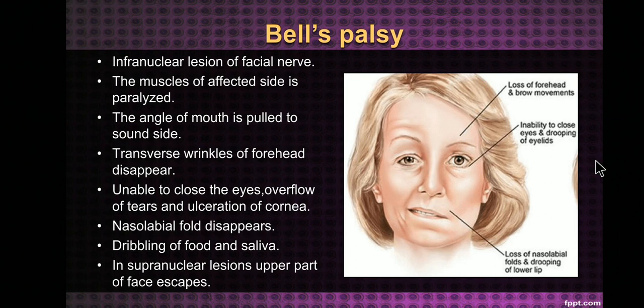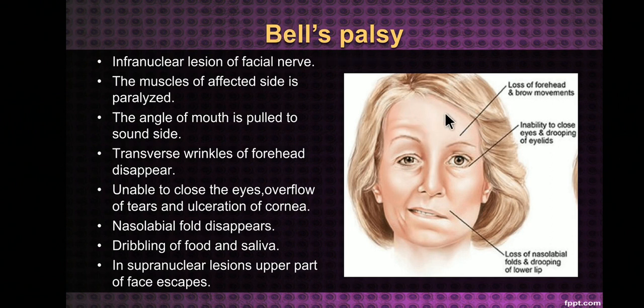So when these fibers are cut, most commonly by any injury to the parotid region, it might be crushing injuries, the facial nerve might get damaged, or in the skull also within the facial canal it might get damaged. So all these can lead to Bell's palsy.